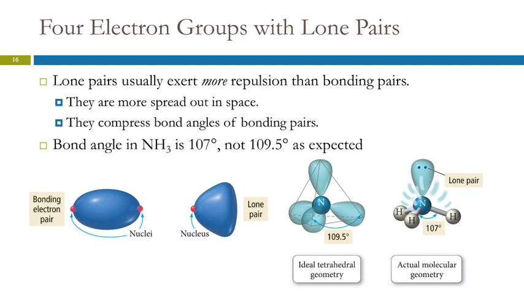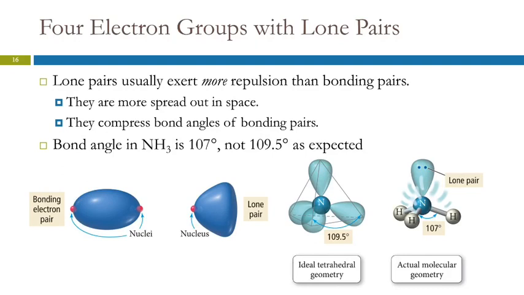So the molecular geometry looks only at the atoms, but the electron geometry has to consider the lone pairs as well. So this is more repulsive. So here, if we had a perfect tetrahedron, the angles would be 109.5. But because this is a lone pair, the hydrogen atoms are like, ew, gross. I'd rather be close to these other hydrogen atoms than to that guy.